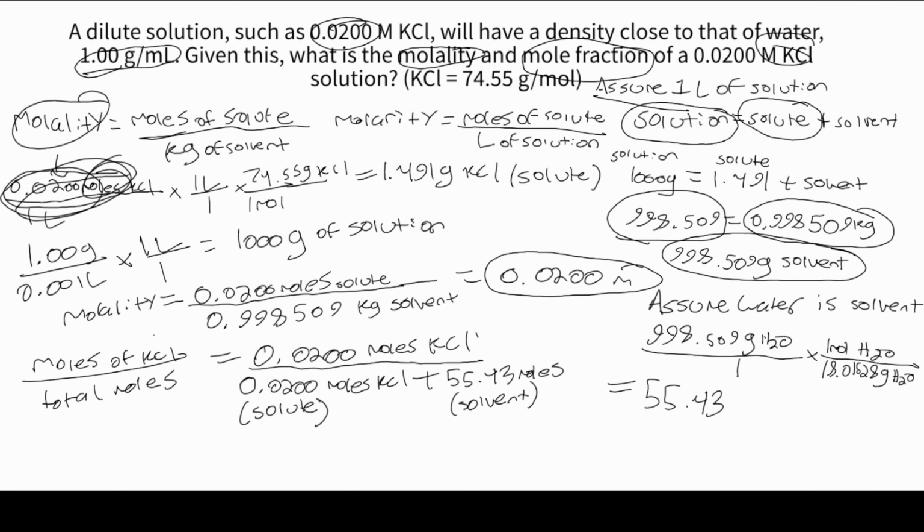All we have to do now is just evaluate this. 0.020 plus 55.43 is 55.45, and this is just equal to, since we have 3 sig figs, 3.61 times 10 to the negative 4.